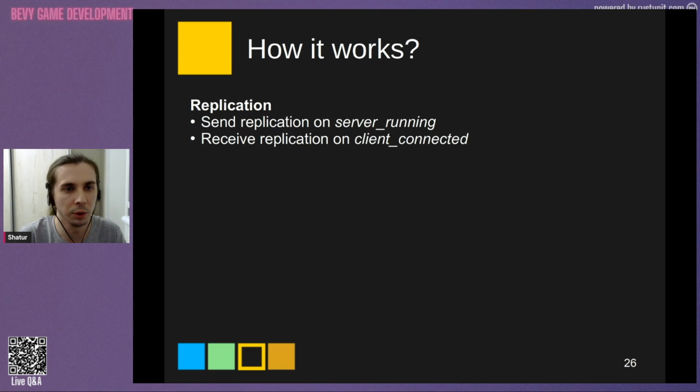You don't need to send it or receive it. And when you run single player, you don't need to send or receive anything. As I mentioned previously, for single player you don't run server nor client. It should just work. So for replication, we just internally put these two run conditions and it just works.